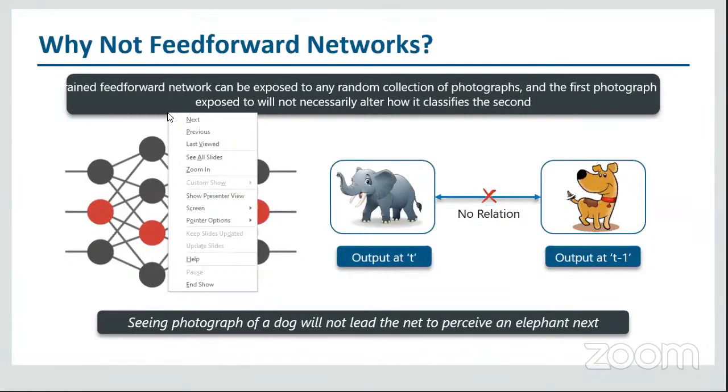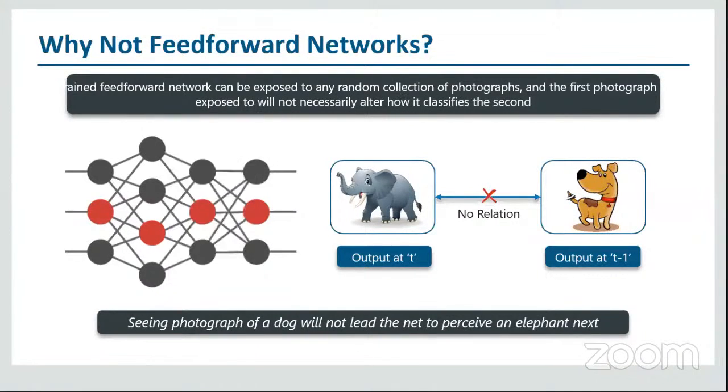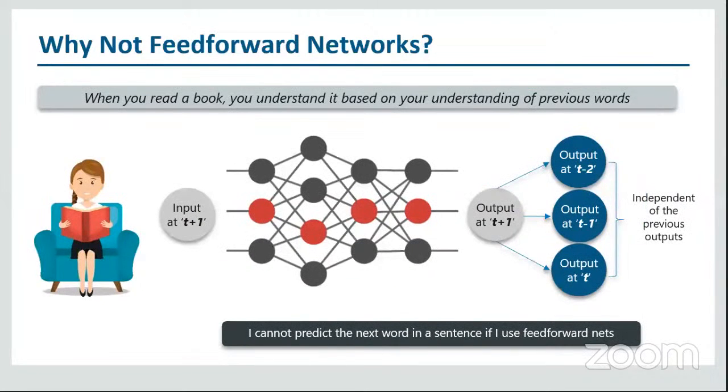Everything new is considered neutral. So when you have such challenges, you have to look at the feed forward network limitation.